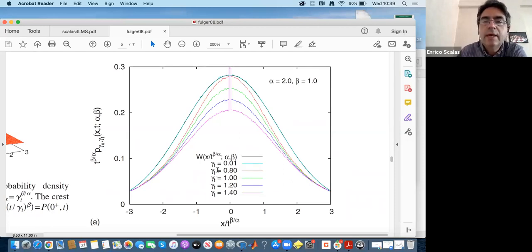And the function u alpha beta that you have seen is this solid line here, the black solid line.